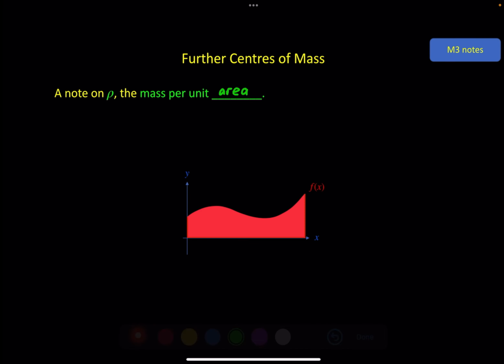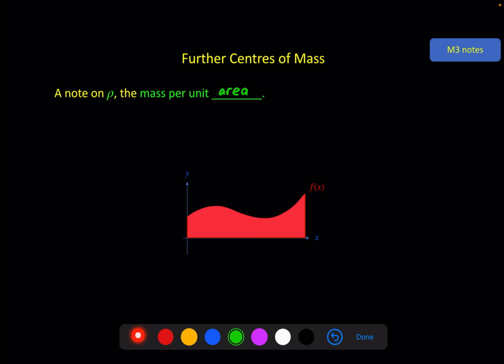So we've still got our shape, and using rho allows us to be a little bit more detailed than what we had in M2, where we were just talking about relative mass, and I said area is effectively relative mass. What we have here is actual mass, by taking the mass per unit area rho and multiplying it by the area. So this gives us mass. And this is very similar to what we did in M2, but just a little bit more detailed.